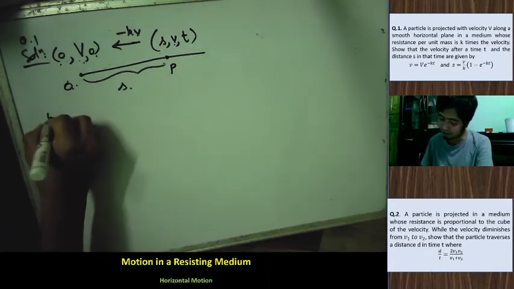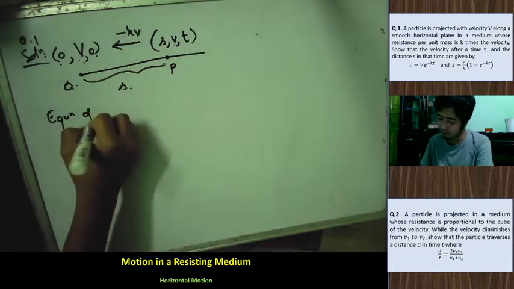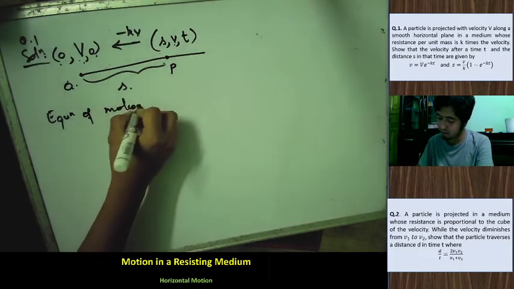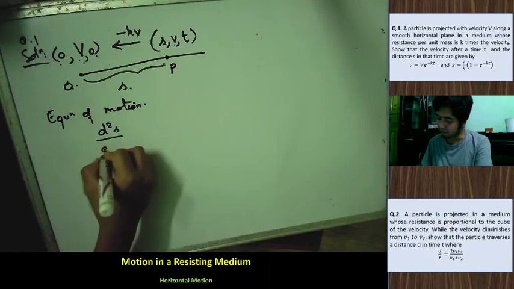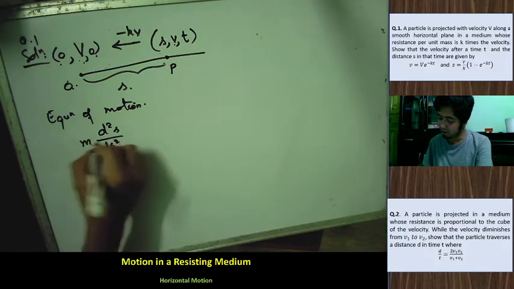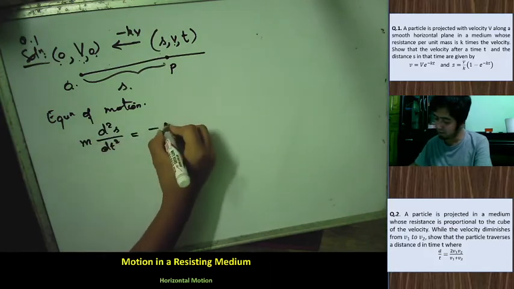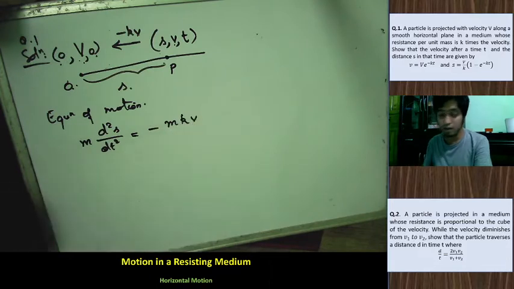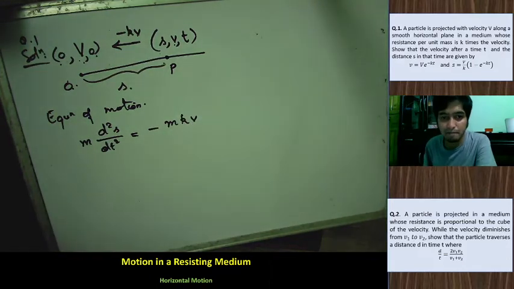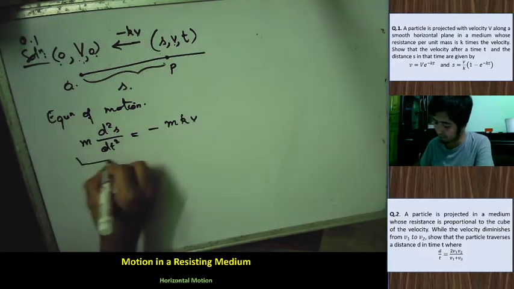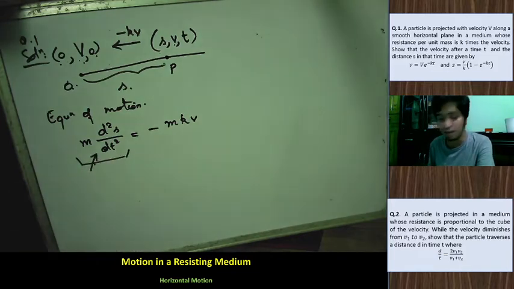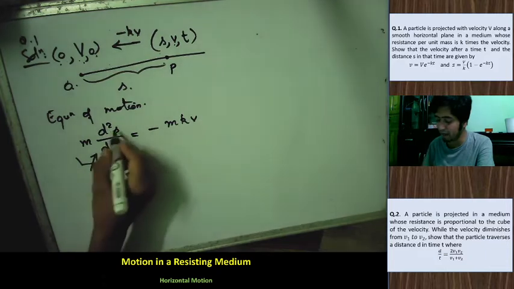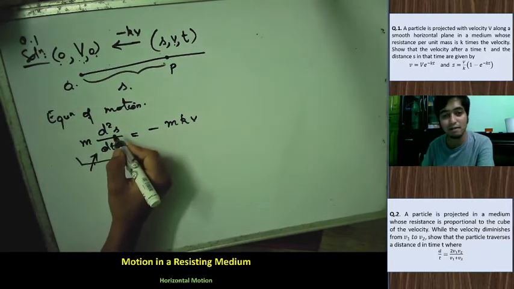So let's see the equation of motion. I will just write it down and then I will explain. This is the force experienced by the particle at a time t and at the distance s.